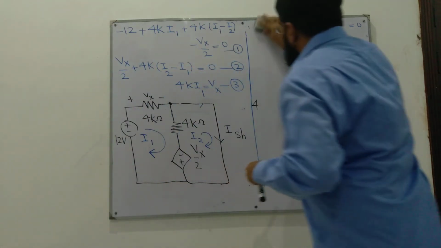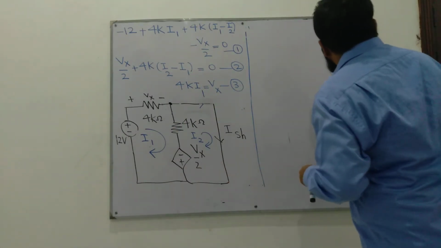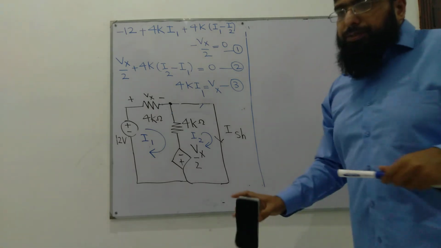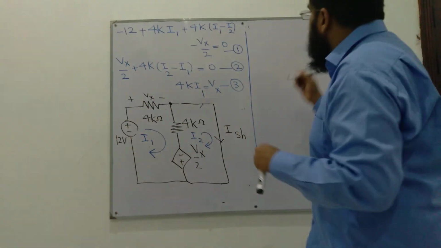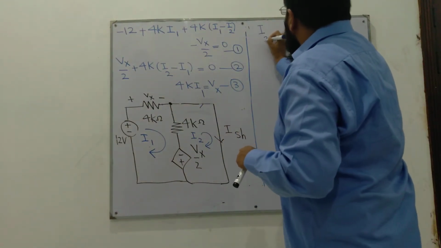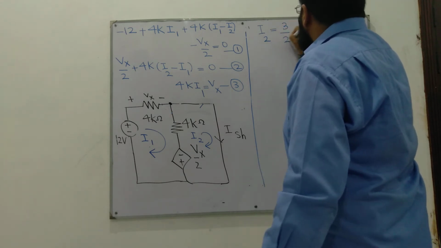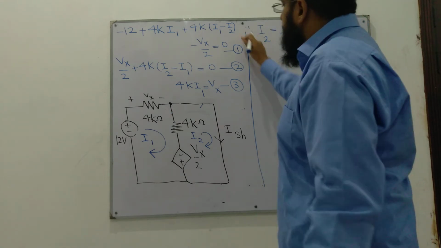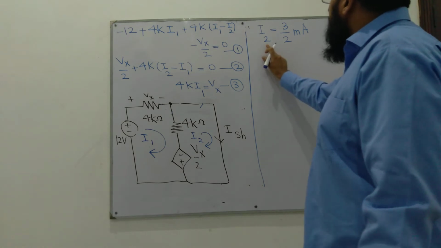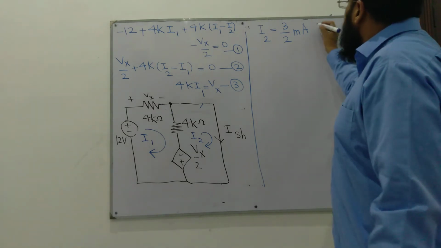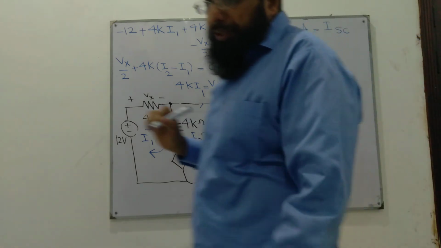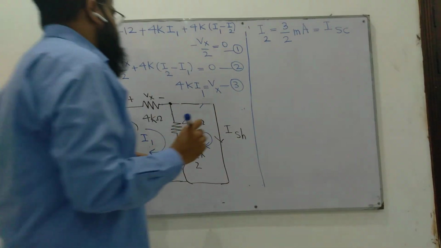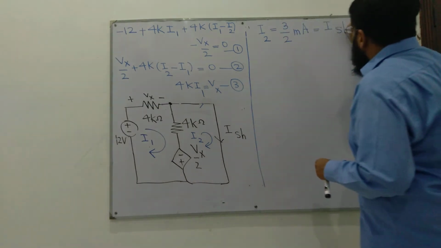I have solved this in my notes, and I2 comes out to be 3 by 2 milliamperes, which is also I short circuit.